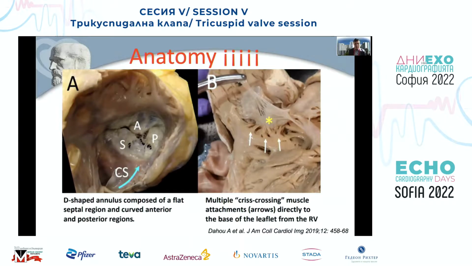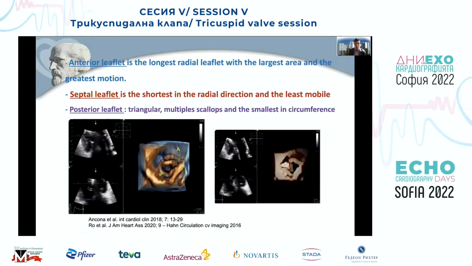So the anatomy, never forget that usually there is a D-shaped annulus composed by a flat septal region and a curved anterior and posterior region. So I think that this is very, very important.